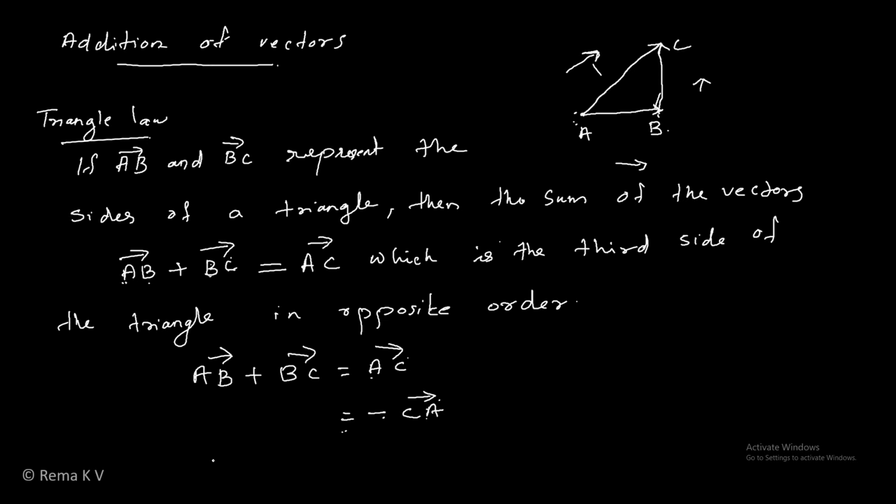Transposing this to left side, AB plus BC plus vector CA is equal to 0. See, if we are considering the sides in the same direction, AB plus BC plus CA, then the net displacement is 0, which is represented by the zero vector, or you can write this as vector AA.